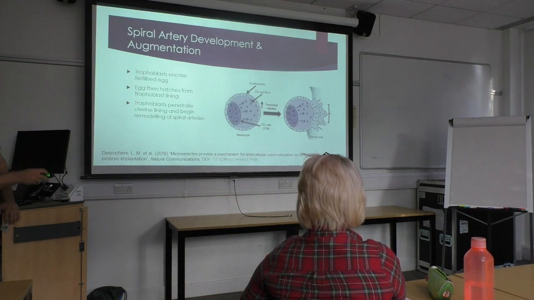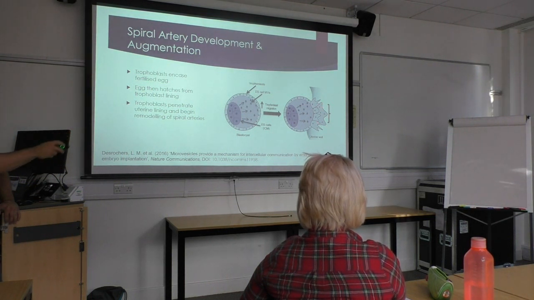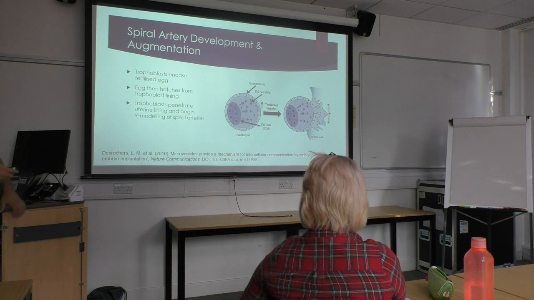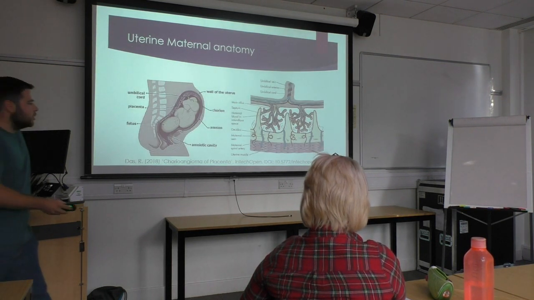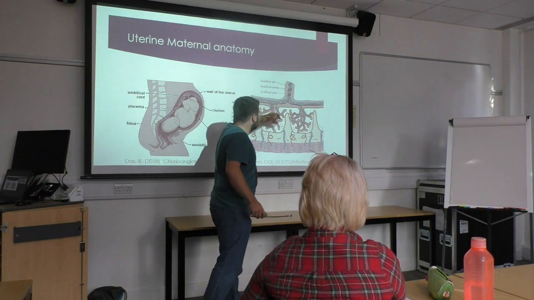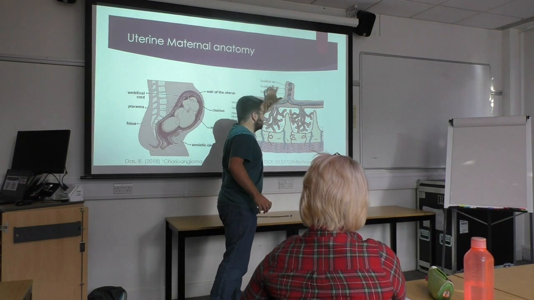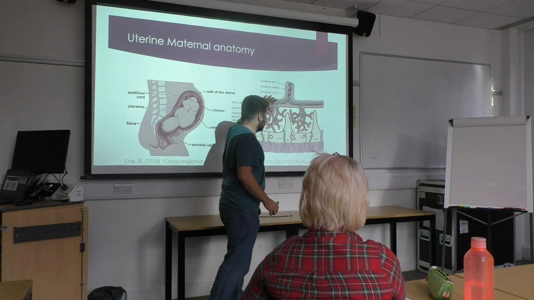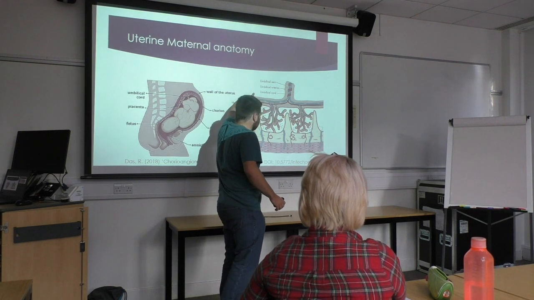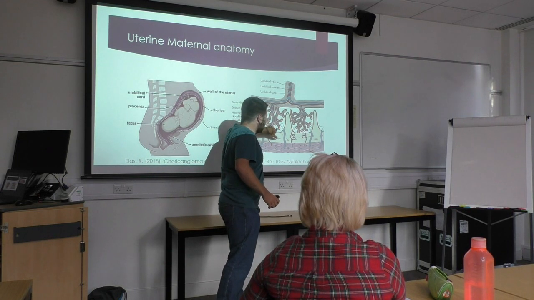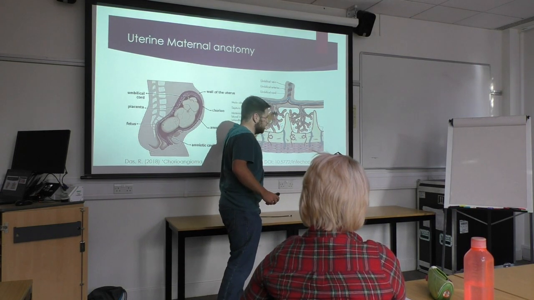So they break away all the cells here and make just massive channels that blood can flow into. So these are the channels here. This is a bit more progressed on, so you've started to get a placenta. But as the trophoblasts break away, they'll dig into the endometrium, which will end around here, and cut away all of this, so that blood can just dump into it.